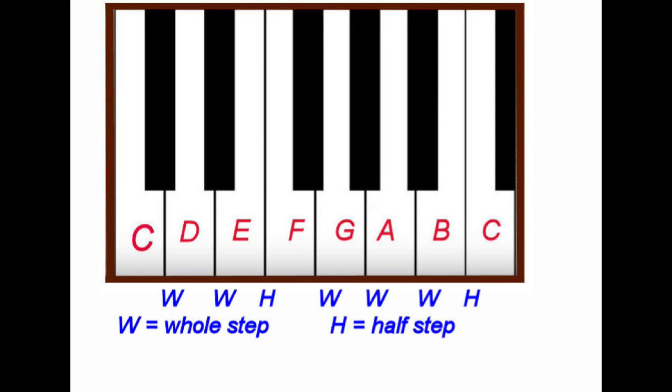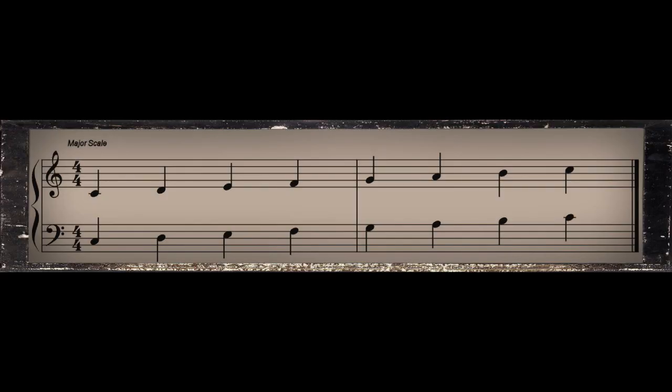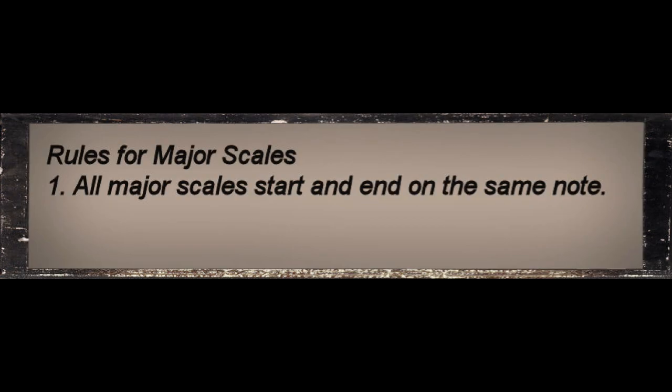Whole step, whole step, whole step, half step. Just like before, there is no black key between B and C. So the pattern for a major scale is whole step, whole step, half step, whole step, whole step, whole step, half step. Notice how the scale starts and ends on the same note? That's rule 1. All scales start and end on the same note. After that, they just repeat.